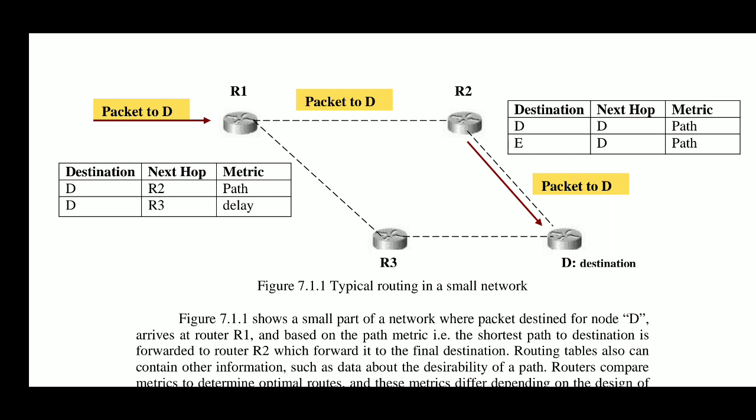When you go via R2, this is the shortest path metric, and when you go via R3, this is the shortest delay metric in the path.